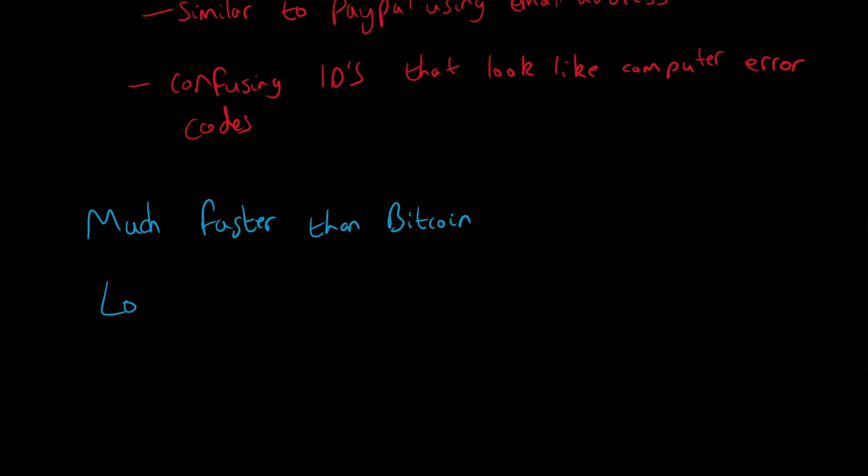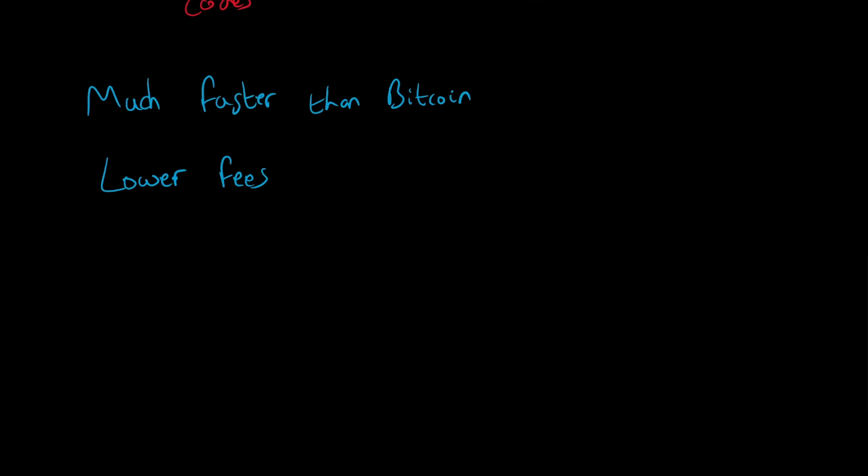It has lower fees compared to Bitcoin, so that's another great reason for using it. It has optional privacy, so if you want to be open about your ID, you can do that as well. I know this whole race around cryptocurrencies and blockchain-based systems is about anonymity, but there may be people that don't care about it or don't want to be anonymous.